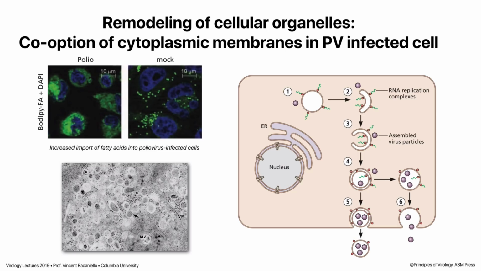And how that happens is shown here on the right. The ER and Golgi are repurposed to form these small vesicles. RNA synthesis occurs on their surface. These eventually become autophagosomes. And they become double membrane by this curvature mechanism.